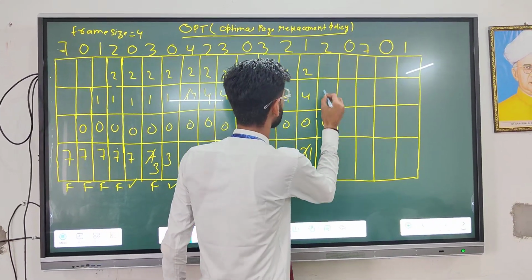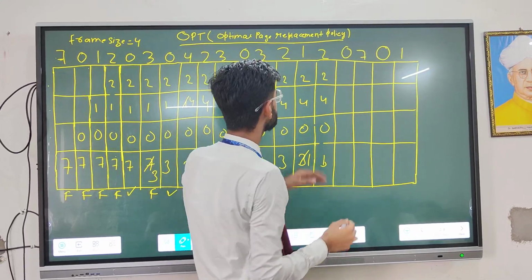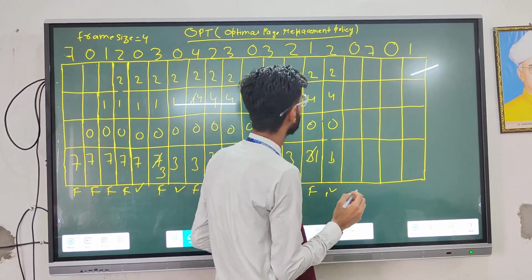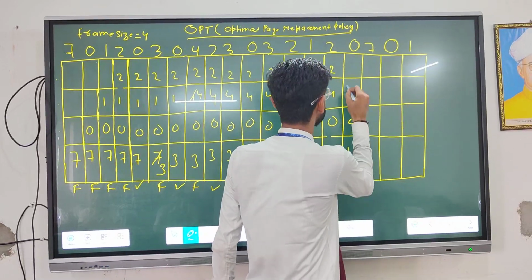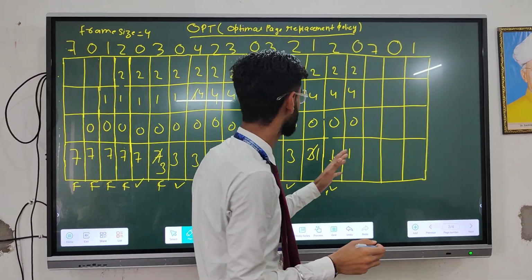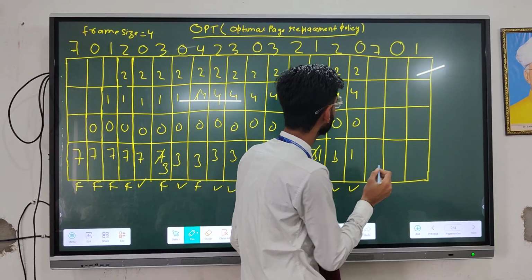In the next, 1 0 4 2, 2 is already present in this box, so no page fault occurs. In the next memory allocation, 0 is already present in the memory, so no page fault occurred.